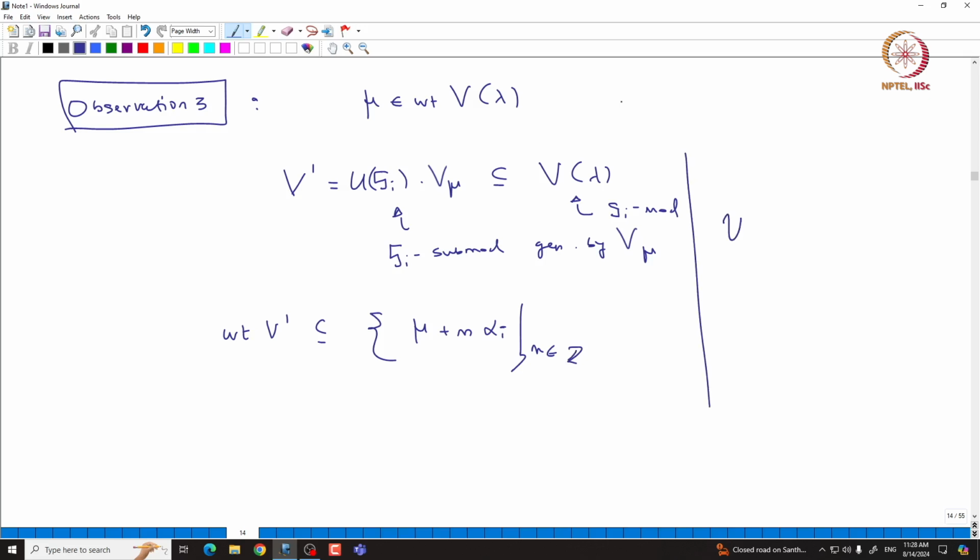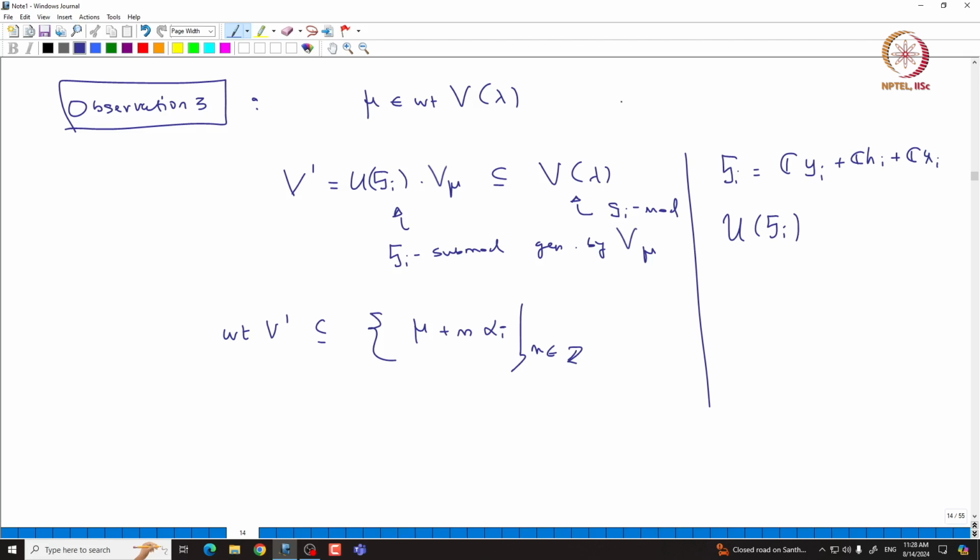Note that s_i being isomorphic to SL2 and being a 3-dimensional space, it is spanned by C y_i, C h_i and C x_i. So, this is the basis for this 3-dimensional subalgebra s_i.